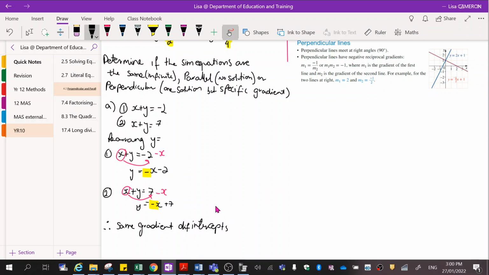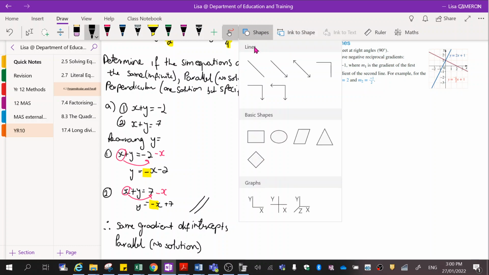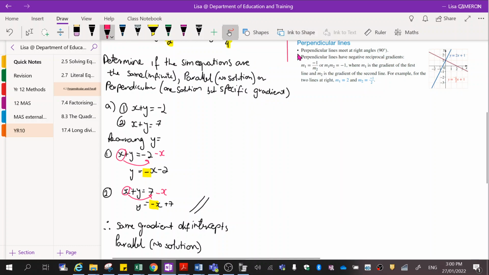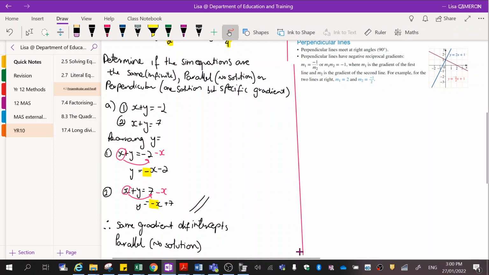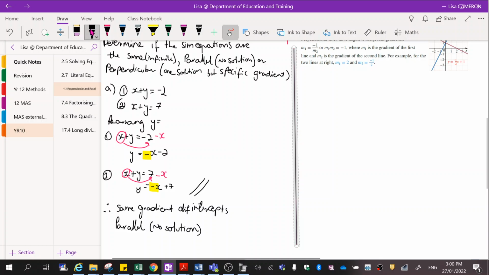So if I've got something that has the same gradient, it means it's traveling along like that. Different intercepts means it's going to be parallel, or no solution. Okay, next example. So that was a pretty easy one.